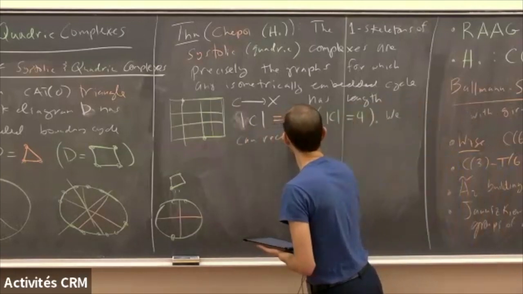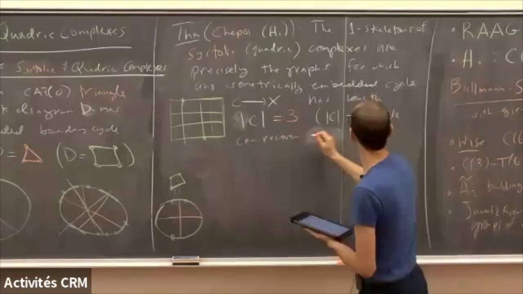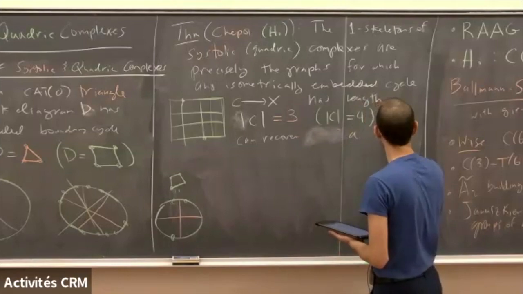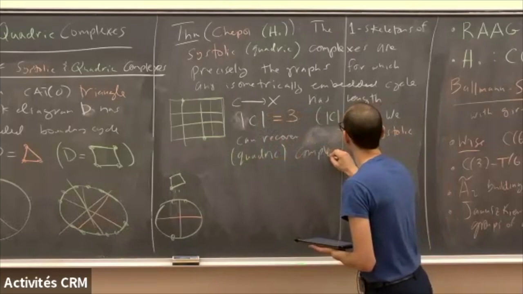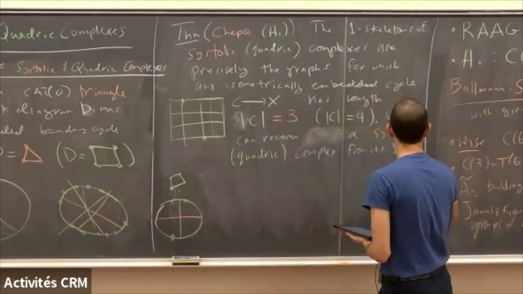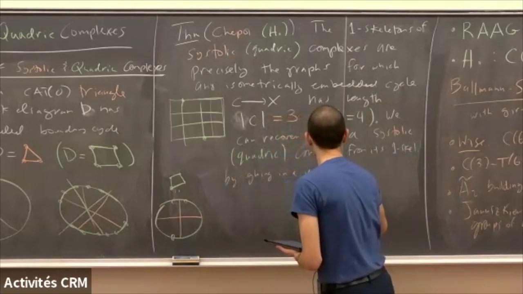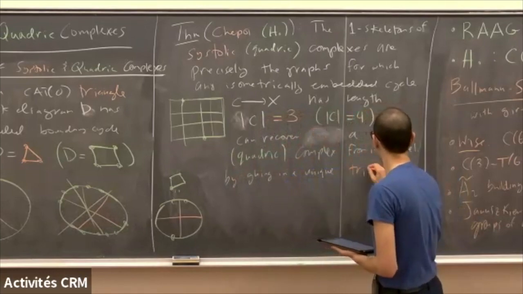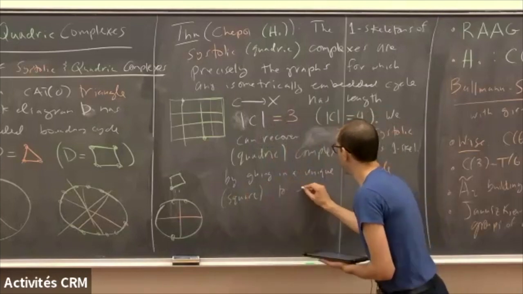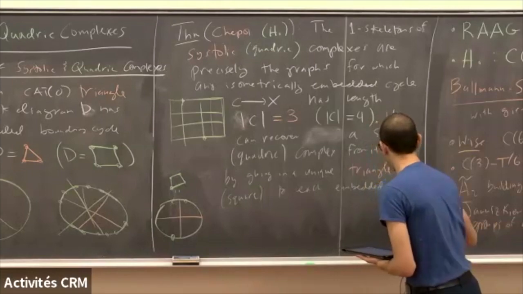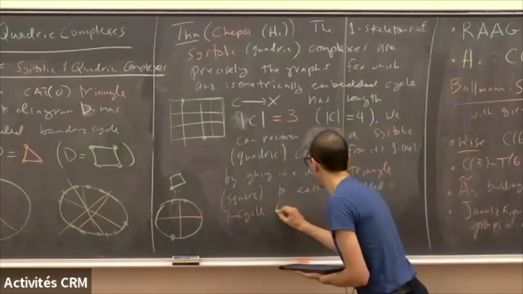We can recover X. We can recover a systolic or quadric complex from its one skeleton by gluing in a unique triangle or square to each embedded cycle of the right length, 3-cycle, 4-cycle.